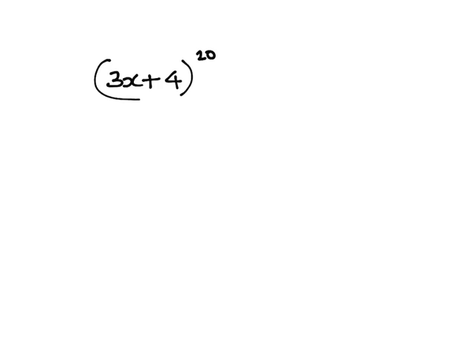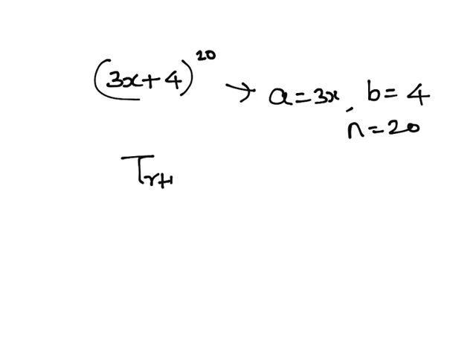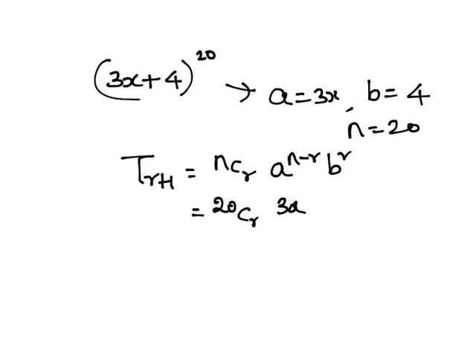So what you can do is, here a is 3x, b is 4, and n is 20. So I can write the general term T(r+1) equal to nCr a power n minus r b power r, which is nothing but 20Cr, a is 3x, so (3x) power 20 minus r into b is 4, so 4 power r.